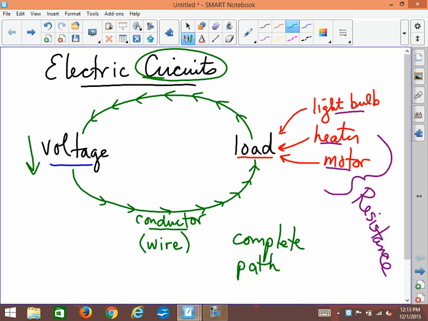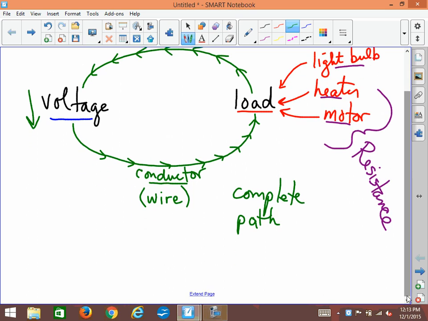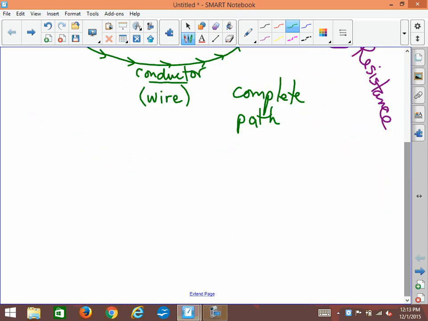Now, of course, in grade 9, you would have learned that we use symbols when we're drawing these pictures. Instead of the picture that I drew, we use what's called schematic diagrams, or pictures that represent things. So what we might do in that picture is we might draw this, which represents what we call a battery. Right?